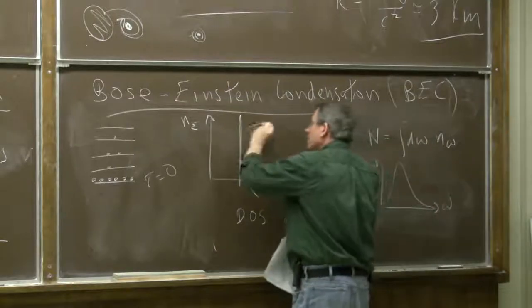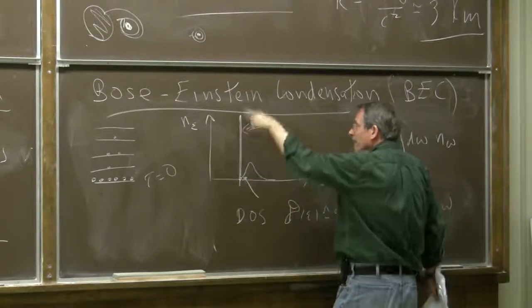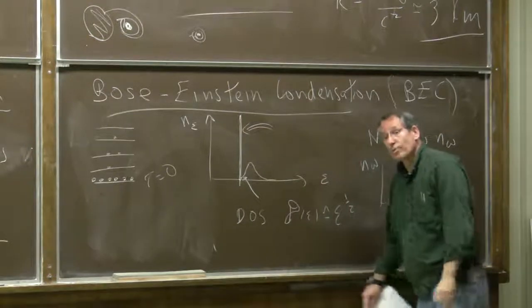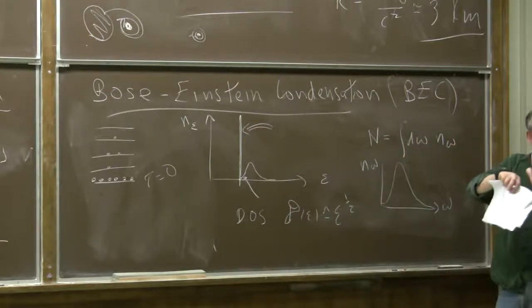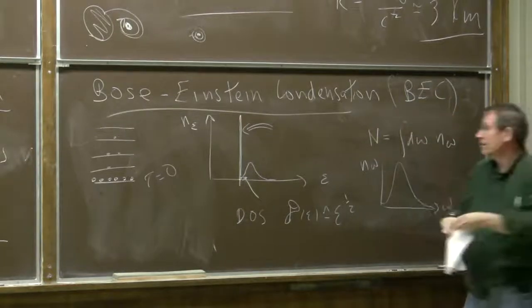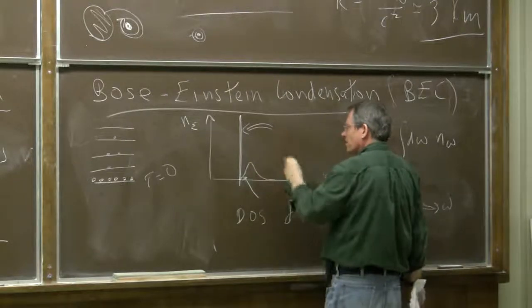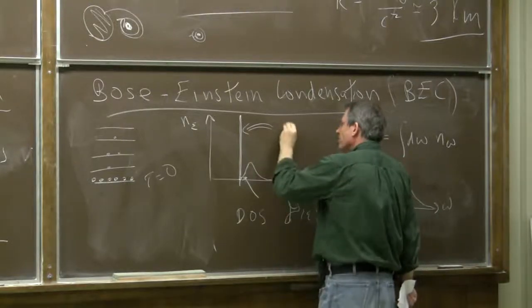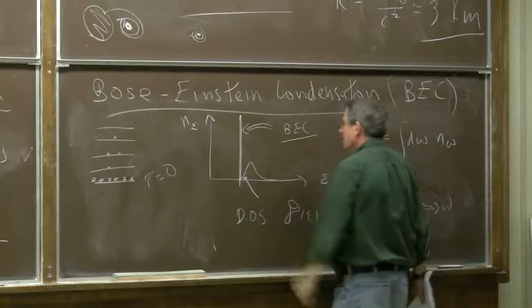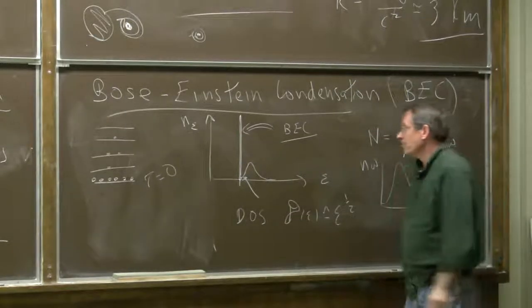So we call it a Bose-Einstein condensate if the fraction of all the particles in the ground orbital is a non-zero fraction, even as the system gets very large. Okay? And sometimes the particles that are in the lowest orbital are themselves called the BEC, the Bose-Einstein condensate. And then there's some fraction of the particles that are in the excited orbitals.